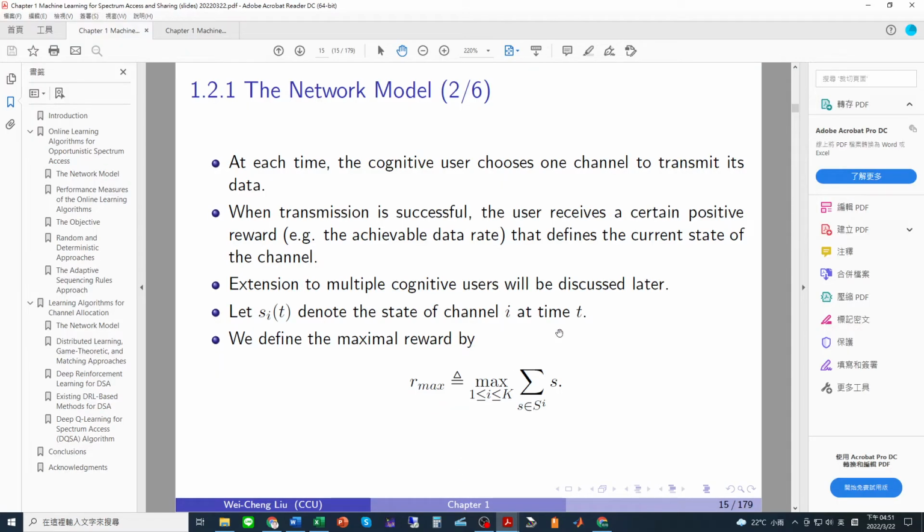Okay, let us continue the second part of today's class. We have taught this equation.